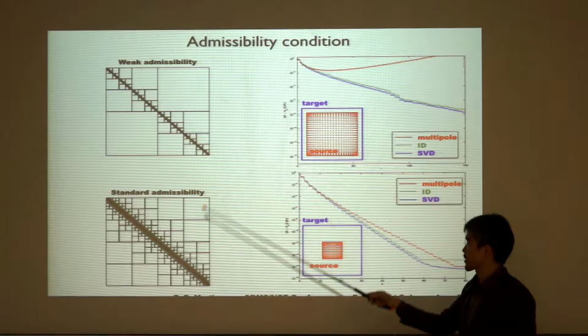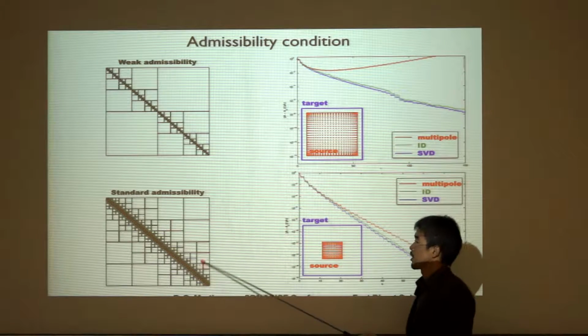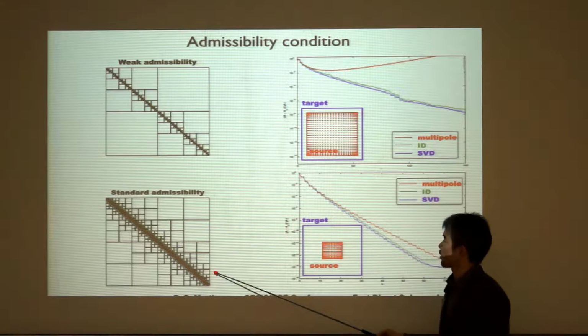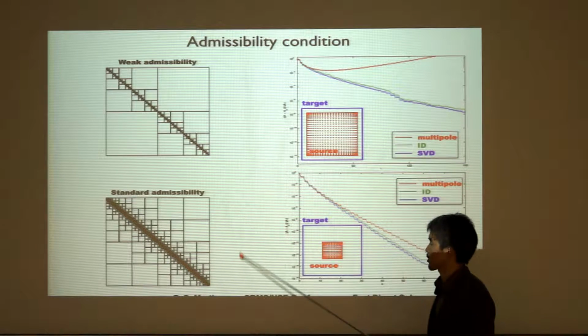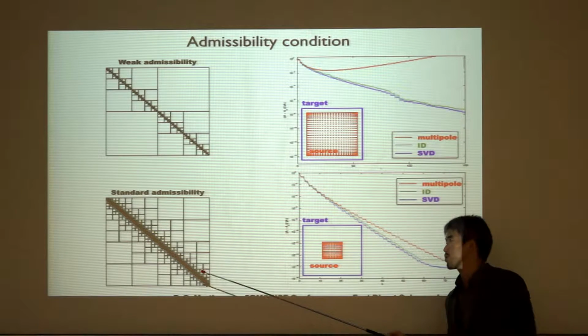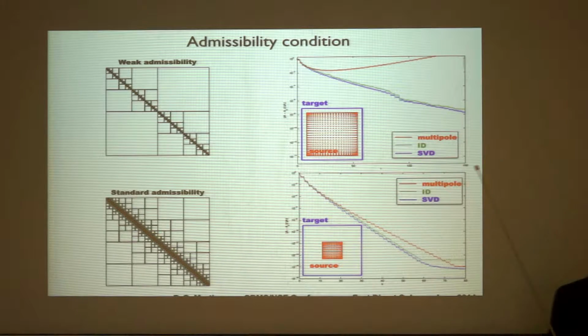So there are advantages and disadvantages to both methods. But for people who already have a fast multipole method code, the inversion of the structure is not so much of a problem. So for those people, maybe they prefer to use this one.